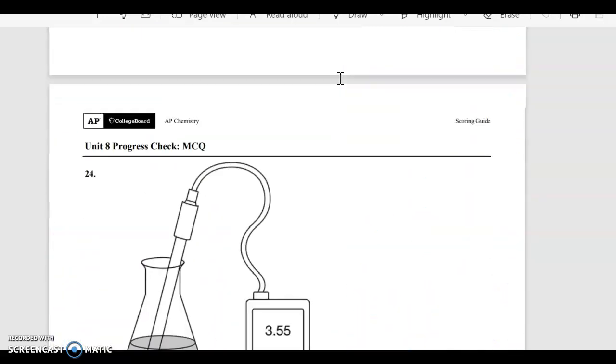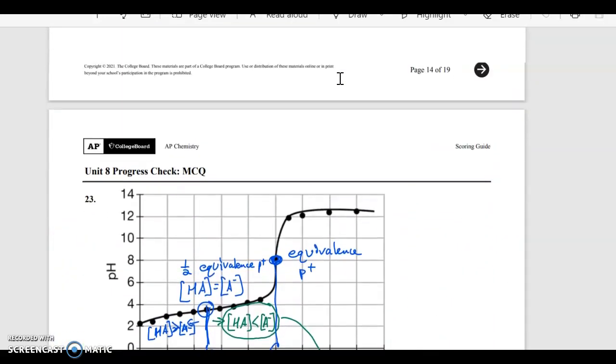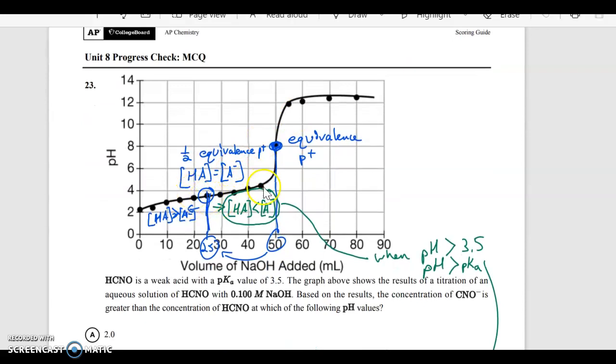It works in that buffer zone on the pH, or on a titration graph. So the pH does not change very much.